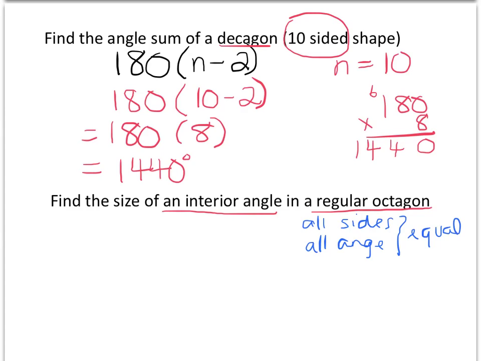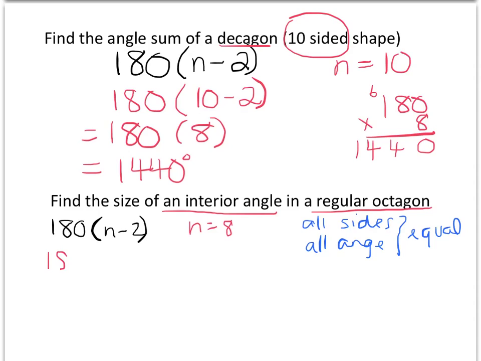So the first thing we're going to do is find out what the angle sum in a regular octagon is. We actually did this on the last page, but we'll just use our formula because you might not have that page with you all the time. Remember we need to do 180 degrees times (n minus 2). In this case n is 8 because I've got 8 sides in an octagon.